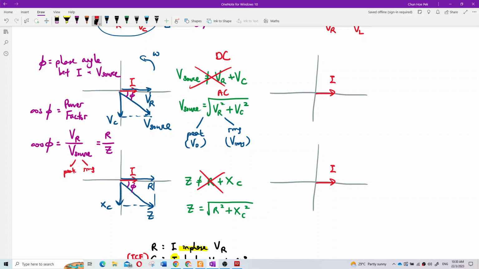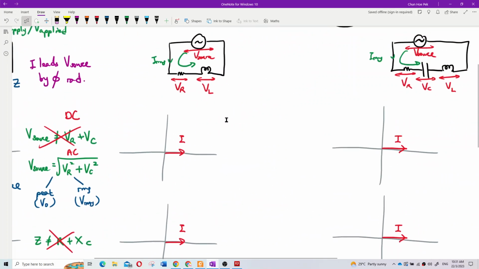So if you want to find cos phi, the power factor, you take peak voltage of resistor over peak voltage of source, or root mean square voltage of resistor over root mean square voltage of source. Or resistance over impedance. Then you can find the power factor cos phi. And then with anti-cos, you can find the phase angle phi.